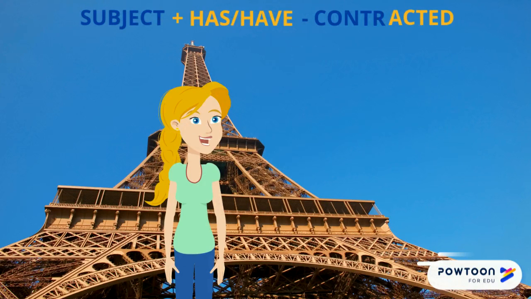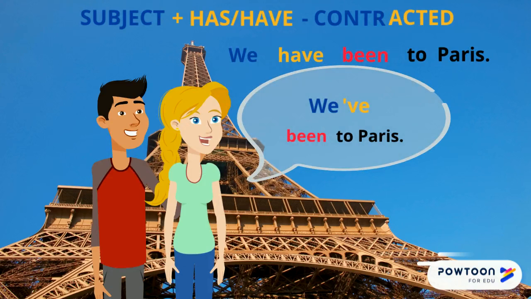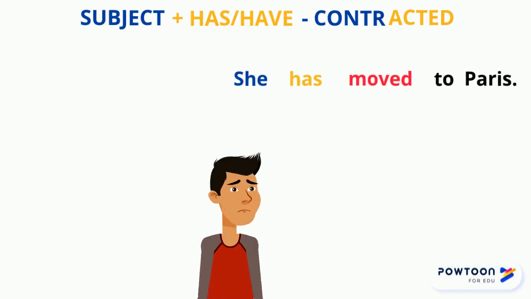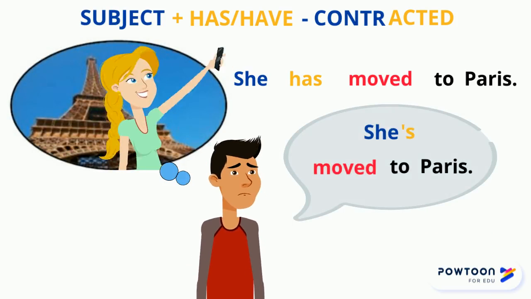Similarly, if we were to contract the plural, we have been to Paris, we would say, we've been to Paris. And if we were talking about someone else in the third person singular, the contracted form of she has moved to Paris would be she's moved to Paris.